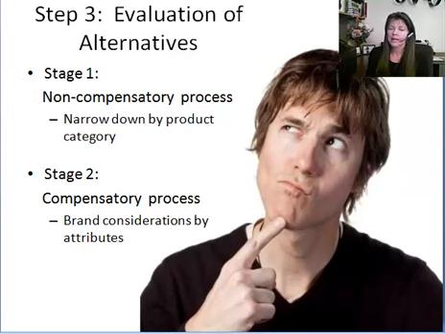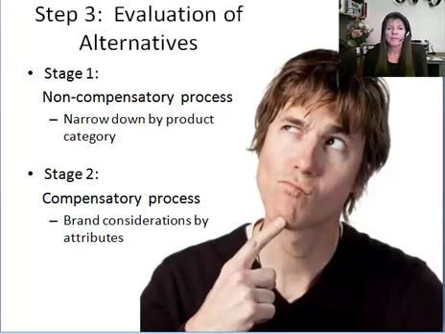Or let's say you were considering a snack. Some people might narrow that down to a low-calorie snack. Other people might narrow it down to just considering those that are energy-producing snacks. Okay? So the first stage, that non-compensatory process, is simply narrowing it down by product category.